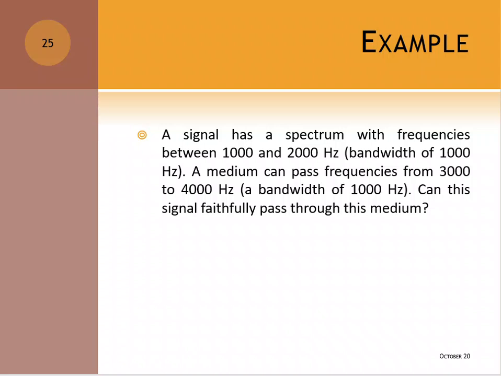Satu signal frekuensi dia 1000 hingga 2000 Hz, bermakna bandwidth dia adalah 1000. And another, a medium can pass frequencies from 3000 to 4000. Bandwidth is also 1000. Dan kita ada satu kabel yang membenarkan frekuensi di antara 3000 hingga 4000 lalu melaluinya.